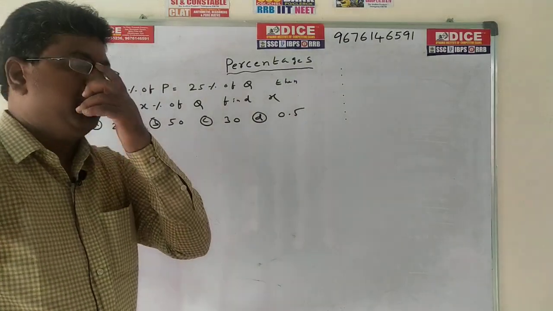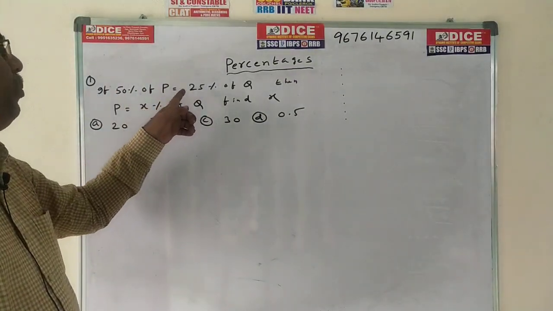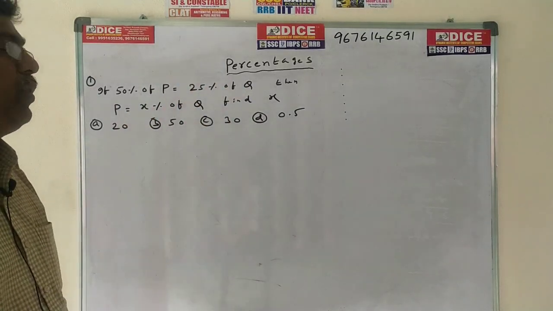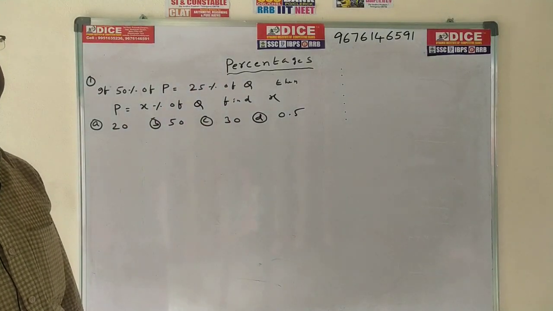Now come to this problem. If 50% of P is equal to 25% of Q, then P is equal to X% of Q, find X. We have to find the X value.